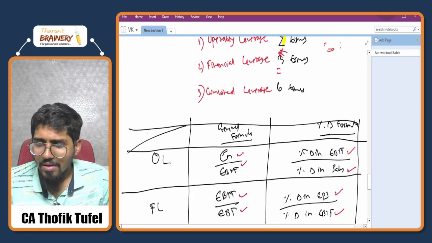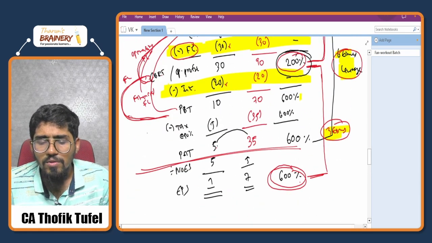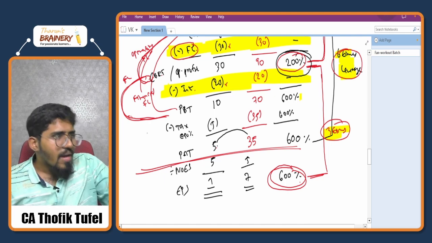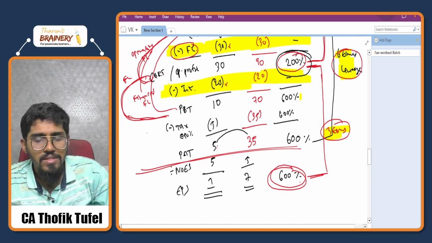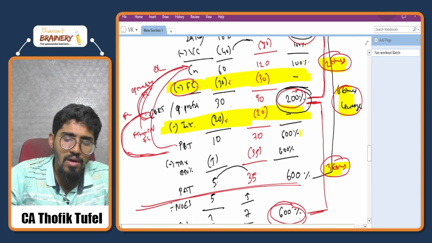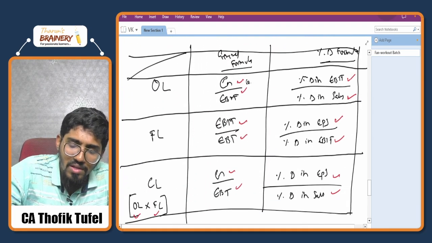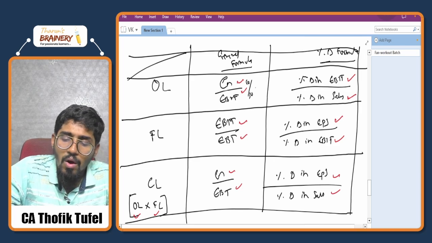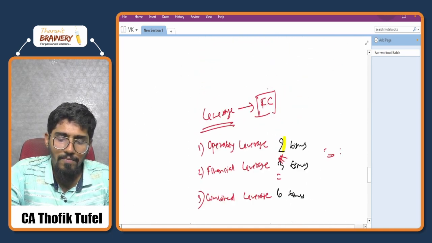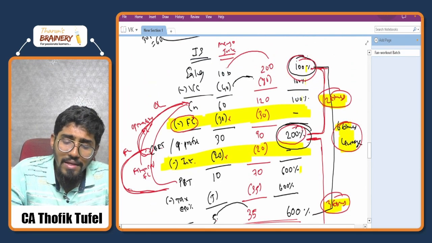Sir, these three we calculated using percentage change. You establish and show me that the general formula is also working. What is your contribution? 60. What is your operating profit? 30. What is 60 divided by 30? 2. Financial leverage: what is your EBIT? 30.